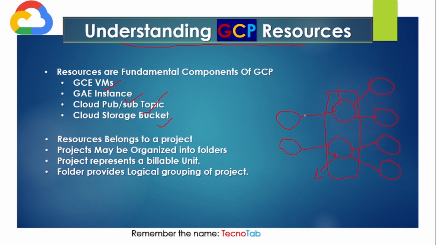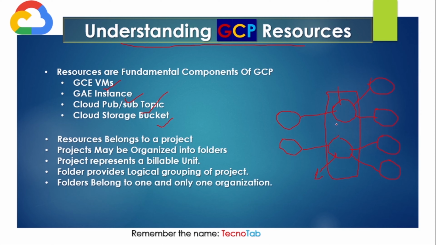And these folders provide logical grouping to the projects, right? Basically it's for organizing everything and keeping everything very simple. As you progress with any of your projects, if you don't provide a logical grouping, all your projects will be messy and it will be very confusing if your number of resources and projects increases. So the folder will basically provide the logical grouping to these projects.